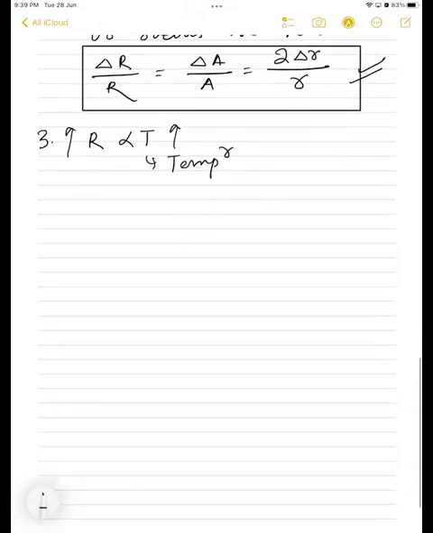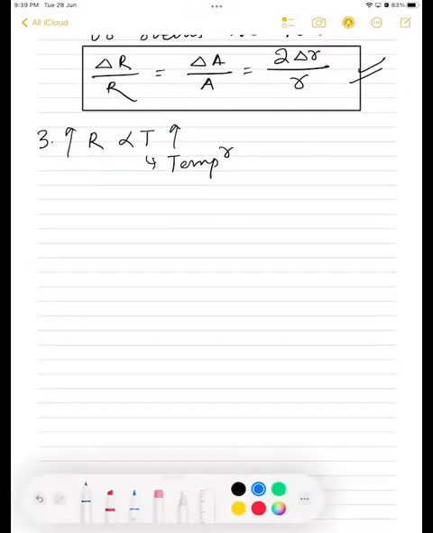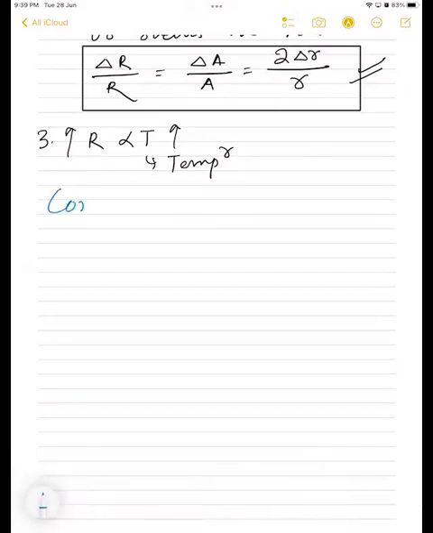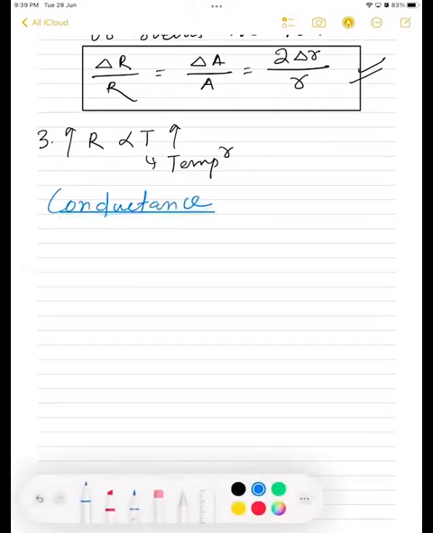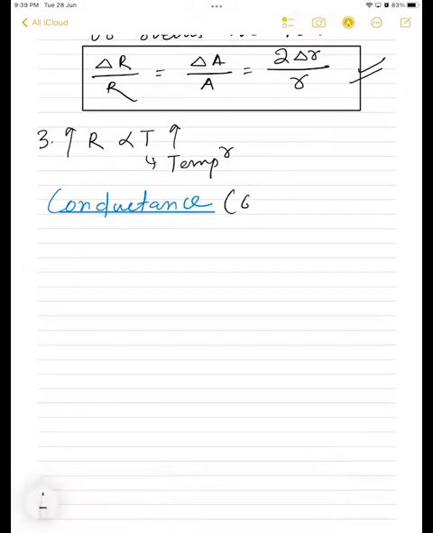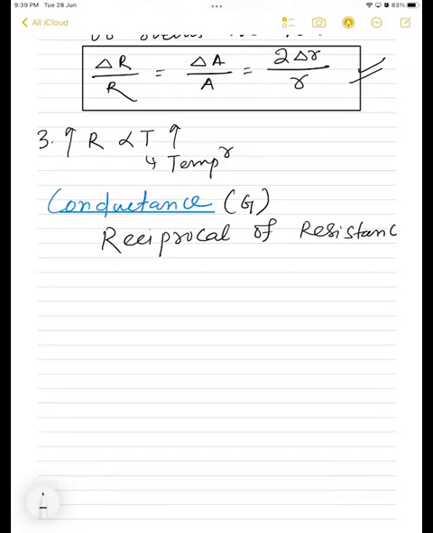And student, there is another physical quantity that is known as conductance, right? That is reciprocal of resistance, right? Conductance is nothing but it is the reciprocal of resistance, symbolized as G. Correct, students?